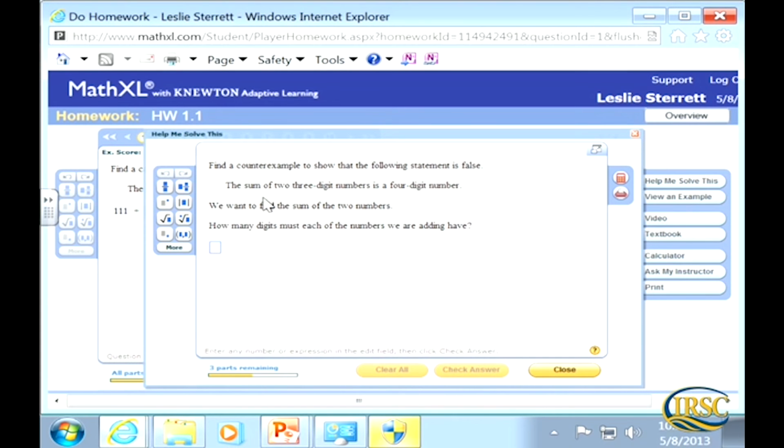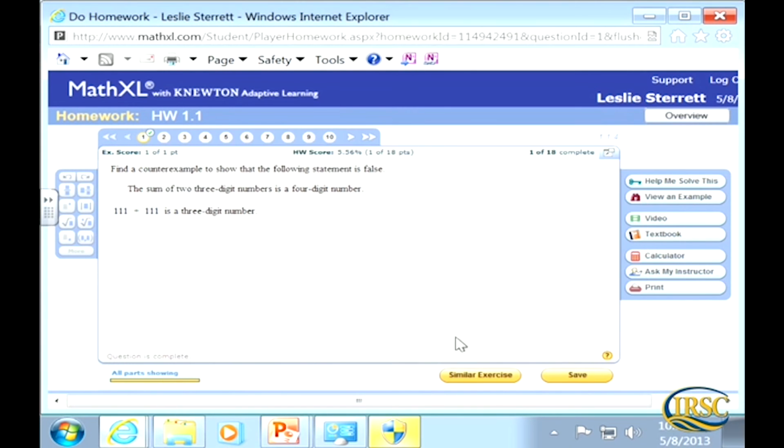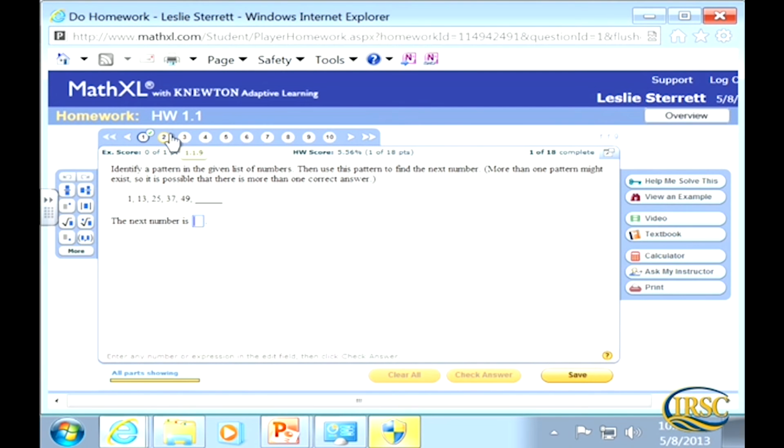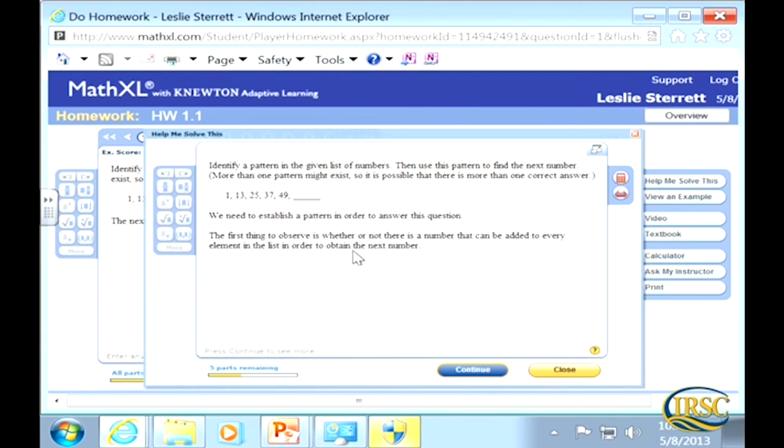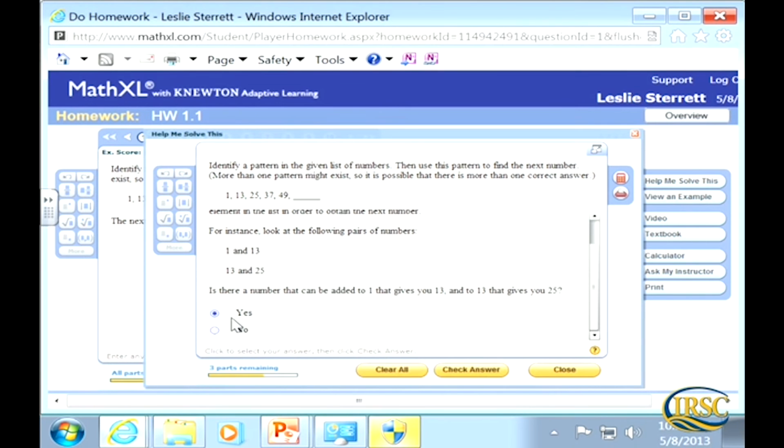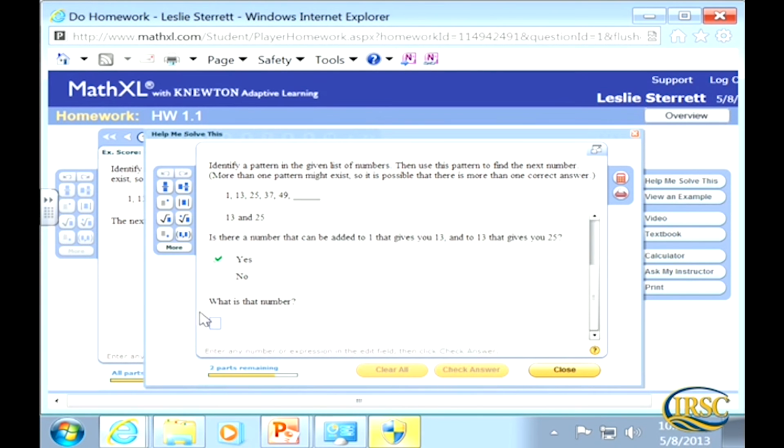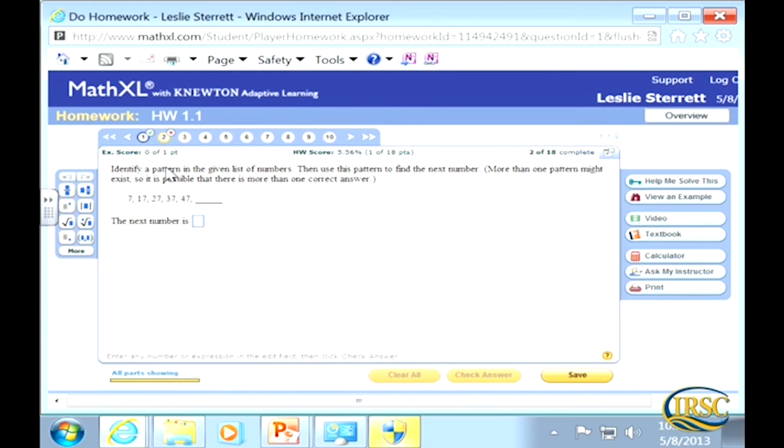Now, if you use Help Me Solve This, though, here, let me go to the next problem. If you use Help Me Solve This, it'll give an explanation. Okay, I'm just going to guess at this. Hey, I guessed right, good. And then you keep going and so on. But once you use Help Me Solve This, then it marks you wrong because it was helping you solve the problem. It now wants you to go back and do the problem on your own without help.